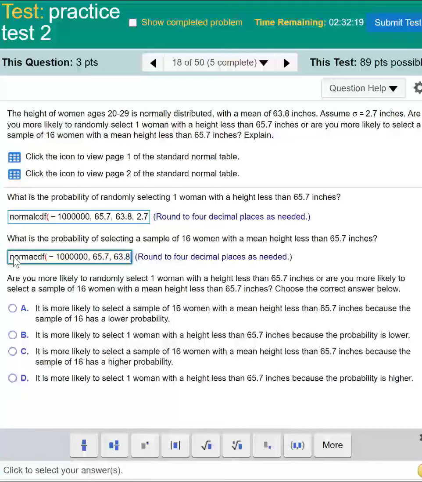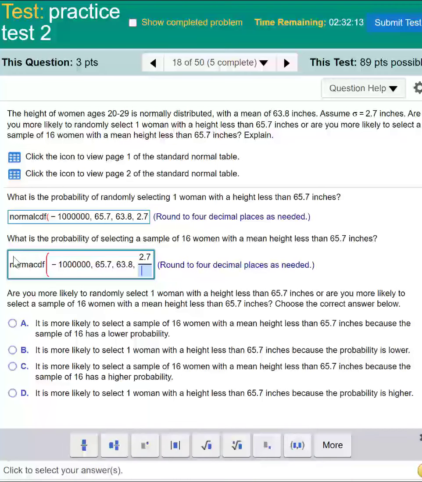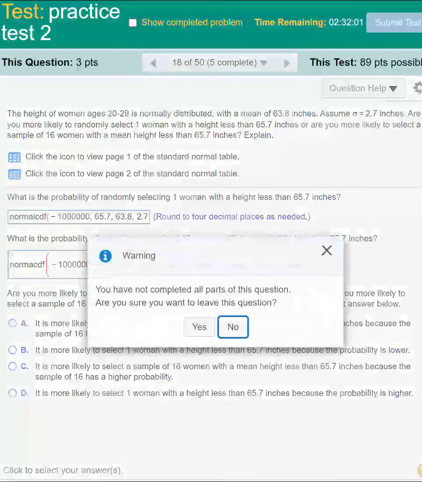Look what's going to change now. The standard deviation is 2.7 divided by the square root of 16, which, we know, is 4. Then you do both ones. The one that has the higher probability is the more likely one to happen. Okay.